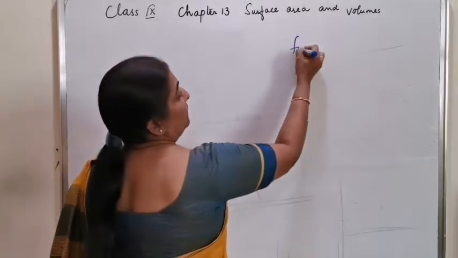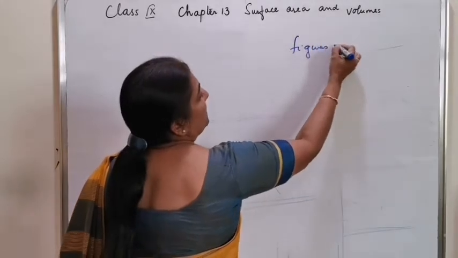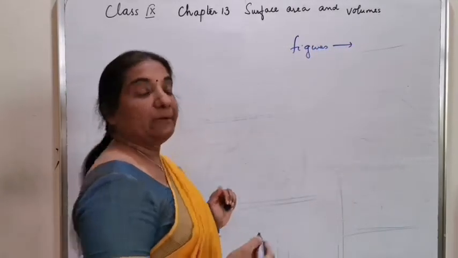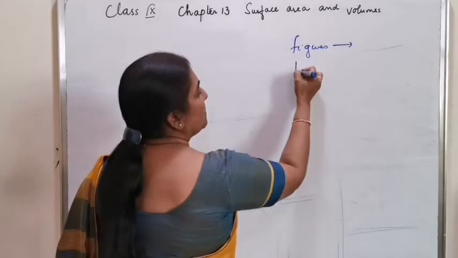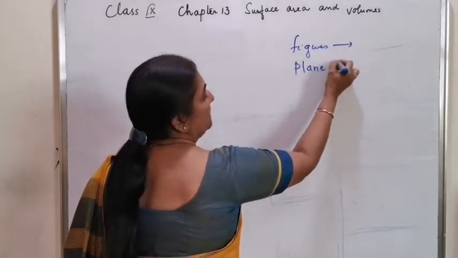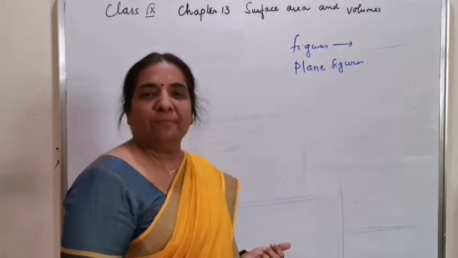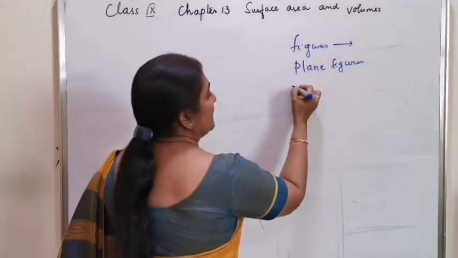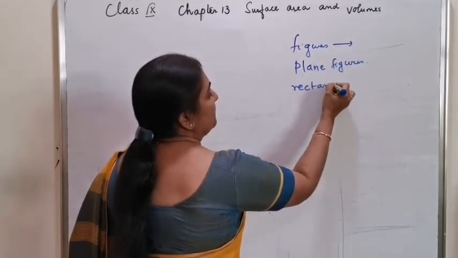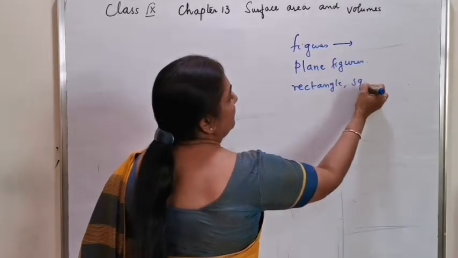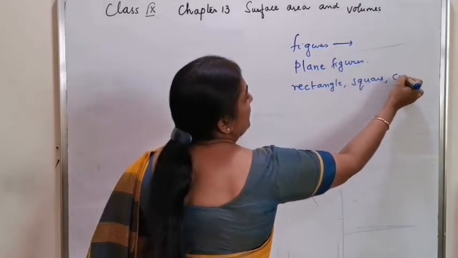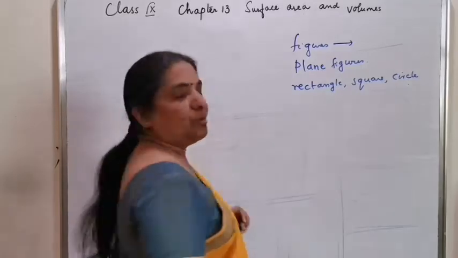Figures which you can draw on a piece of paper are called plane figures. A few of them are rectangle, square, circle, and so on.